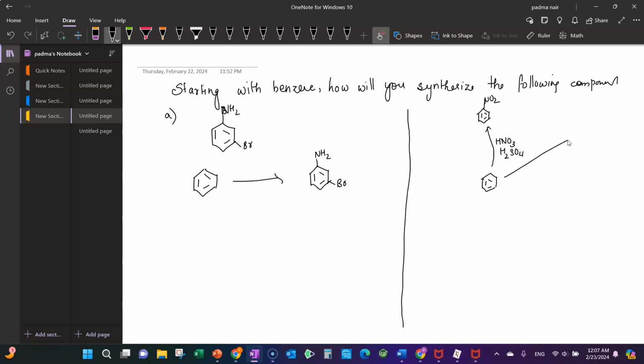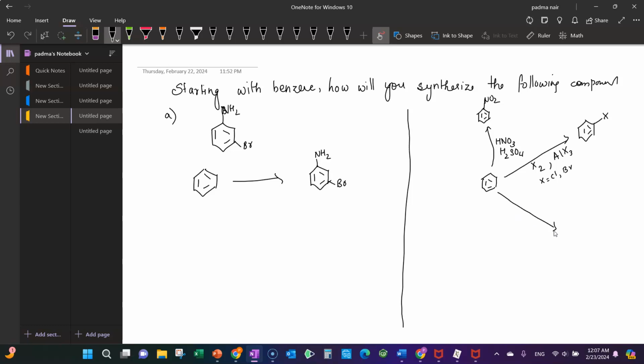Now, if I want to convert benzene to a halogenated benzene like X, I have to treat it with X2 halogen in presence of AlX3, that means the Lewis acid. Now X can be chlorine or bromine.